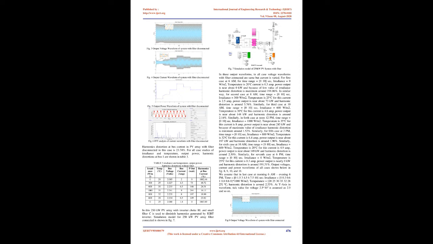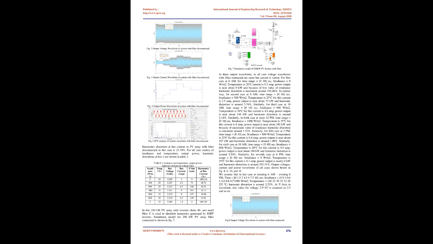The simulation model for the 250 kW PV array with the filter disconnected is shown in Figure 2. We assume that in the last case, from morning 6 am to evening 6 pm, time equals 0, 1.5, 3, 4.5, 6, 7.5, 10 sec, irradiance equals 0, 0.3, 0.6, 1, 0.8, 0.6, 0 times 1000 W/m2, and temperature equals 20, 25, 30, 35, 32, 28, 25 °C.